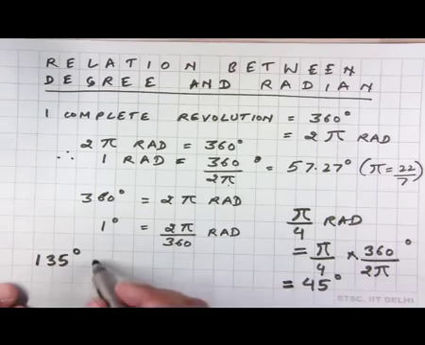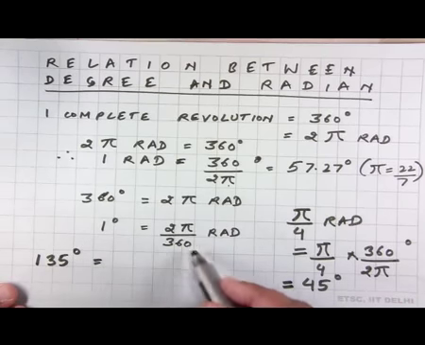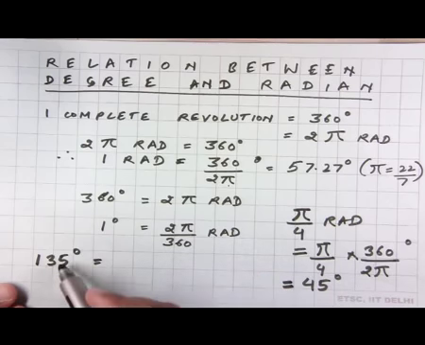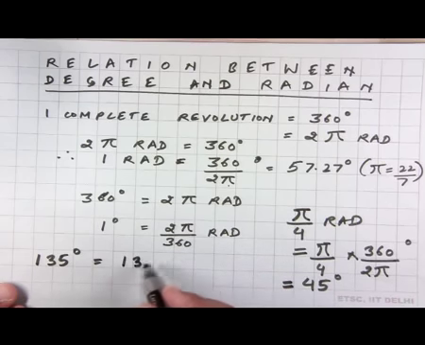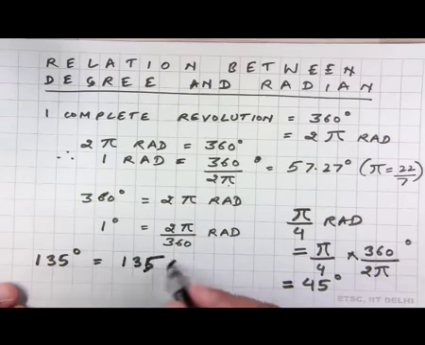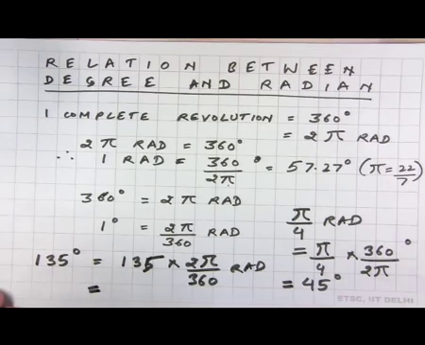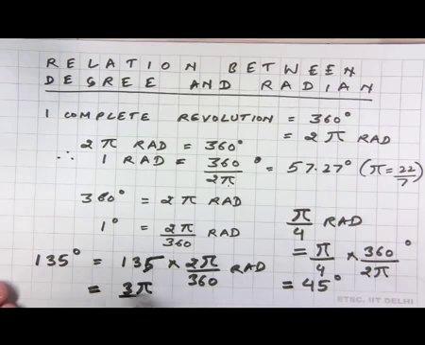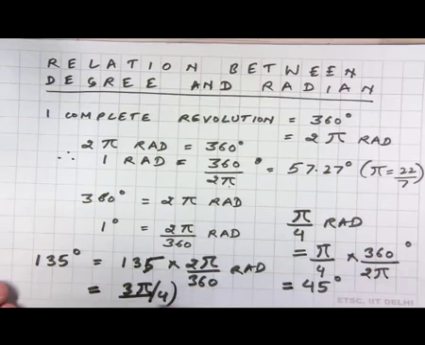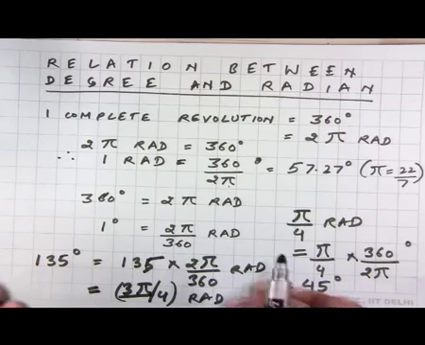It is very simple, because since 1 degree is 2 pi by 360 radians, 135 degrees will be equal to 135 multiplied by 2 pi upon 360 radians, which will be equal to 3 pi divided by 4 radians. So, the conversion is very simple.